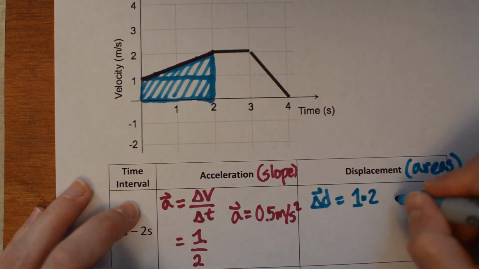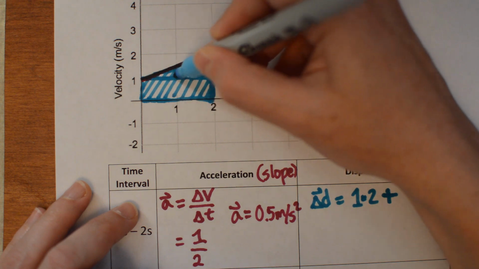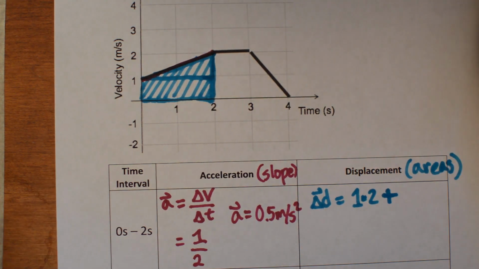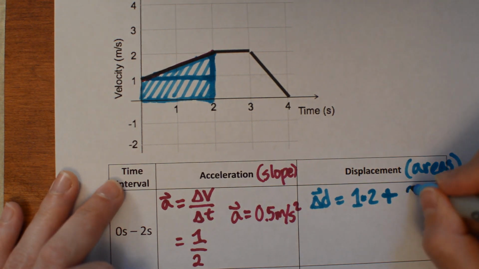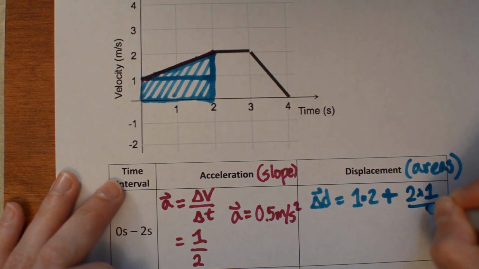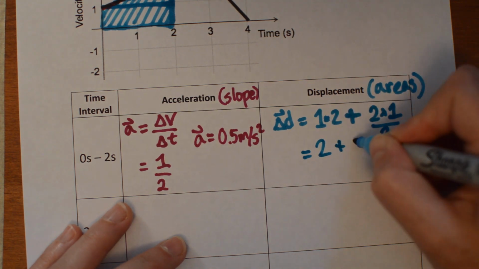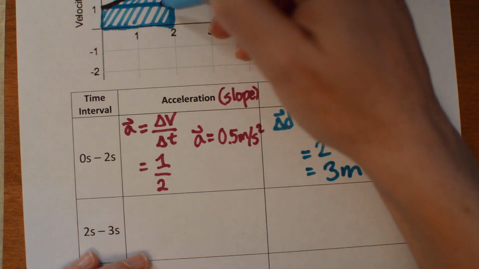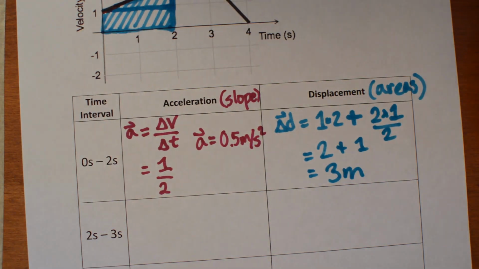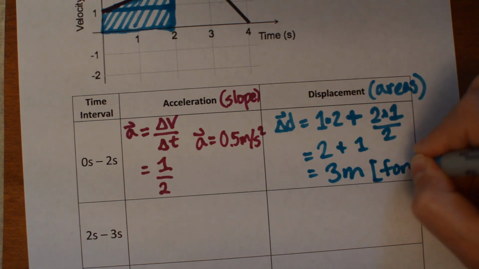So that's 2, plus the area of our little triangle here, which is base times height over 2. So that's 2 times 1 divided by 2. So that makes 2 plus 1, or 3 meters. So the displacement over that time from 0 to 2 seconds is 3 meters, and it's in the forward direction because it's a positive area.